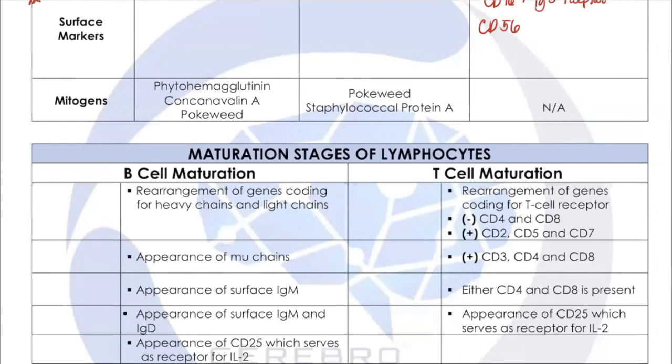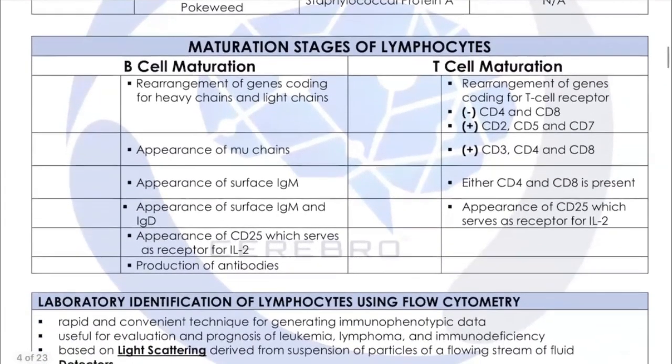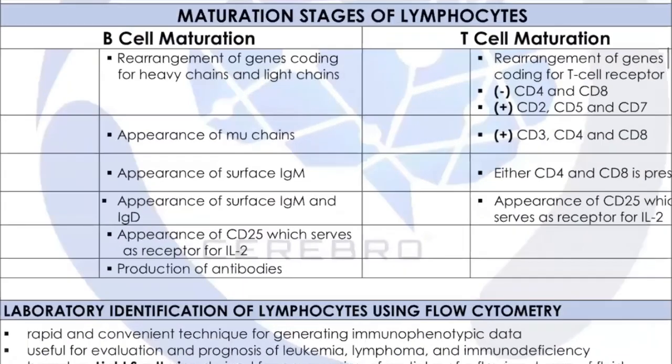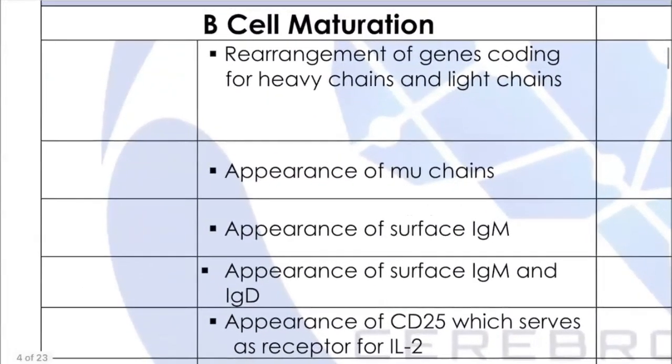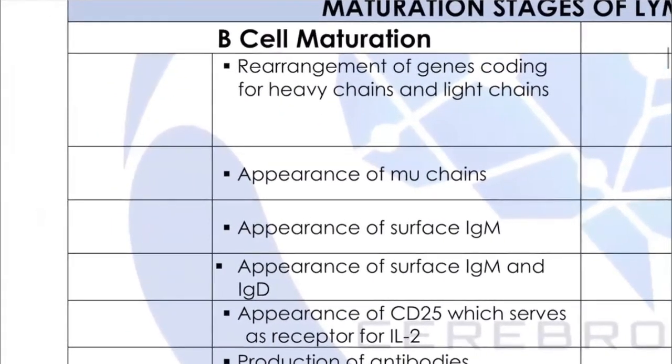Now, pag-usapan natin yung maturation stages of lymphocytes. So first, we have the B cell maturation muna. So the first step here is characterized by rearrangement of genes coding for heavy chains and light chains. First, take note muna natin, saan ba nakikita yung genes na nagko-code for heavy chain?